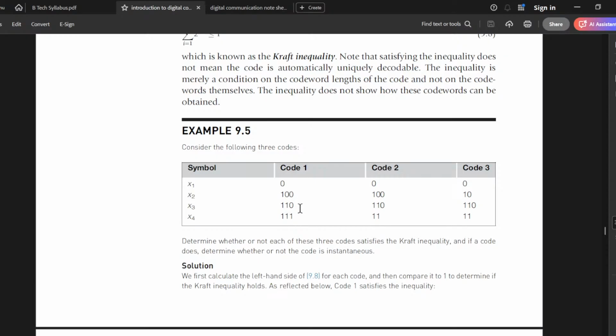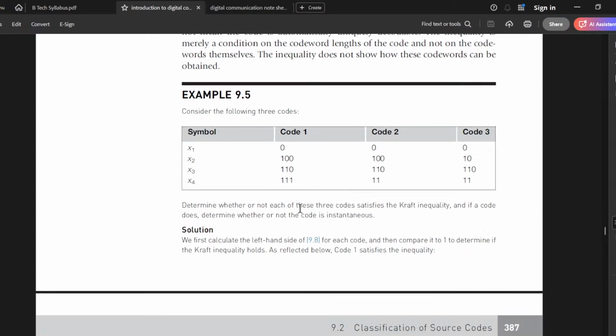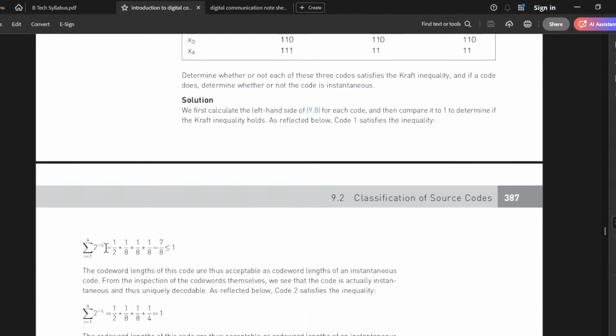So the summation is 2 to the power of minus 1, plus three times 2 to the power of minus 3, and 2 to the power of minus 3 becomes 1 upon 8. So it will be 1 upon 2 plus 1 by 8 three times, which is 4 plus 3, 7 by 8.